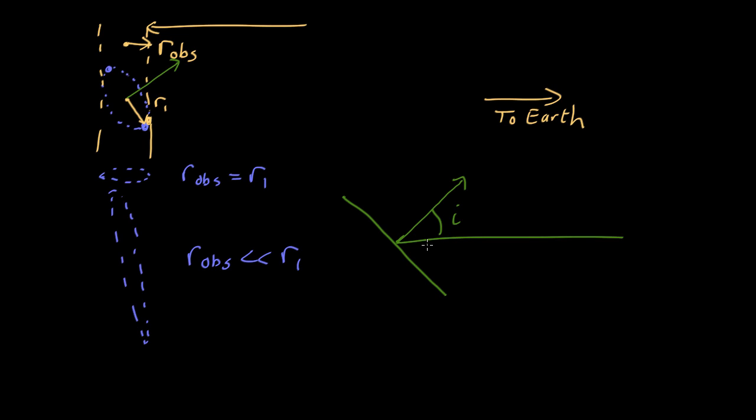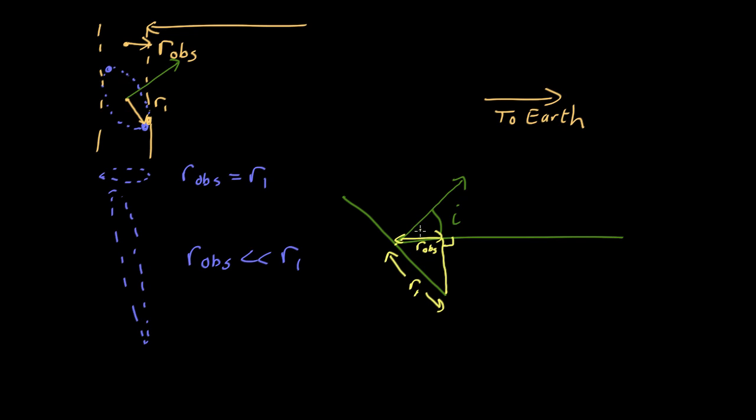So if this is I, and this is R1, R observed is going to be here, that distance from there to there, because while the pulsar is moving from there to there, that's how much the distance along the line of sight towards the Earth, the distance to the Earth, changes.